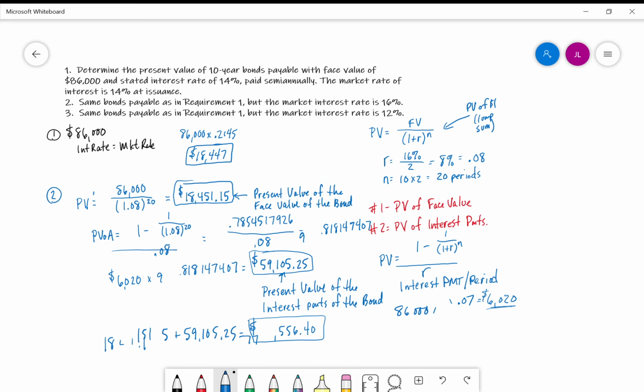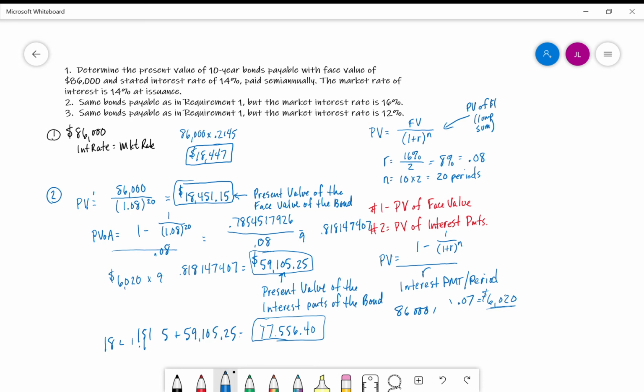And that means that when a bond is issued at a discount, the bond issue price or the present value is less than the face value. And that's why we come up with $77,556.40 here.